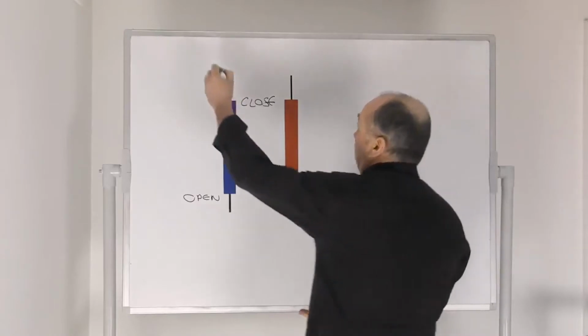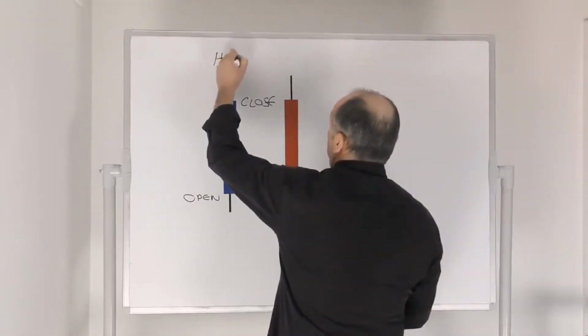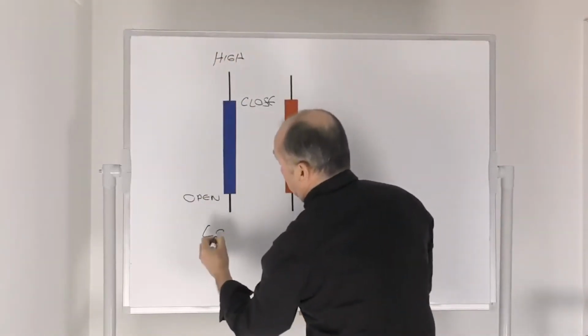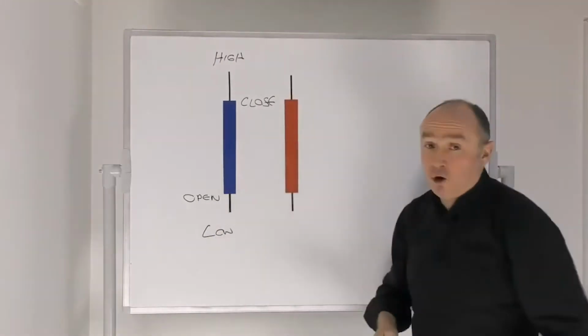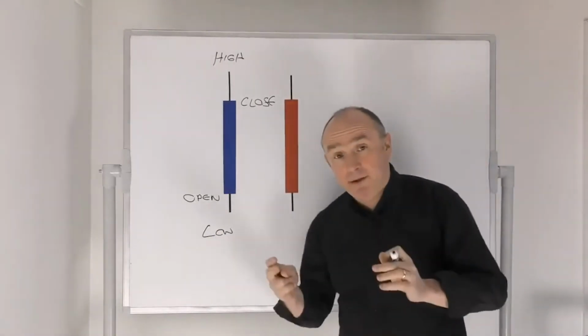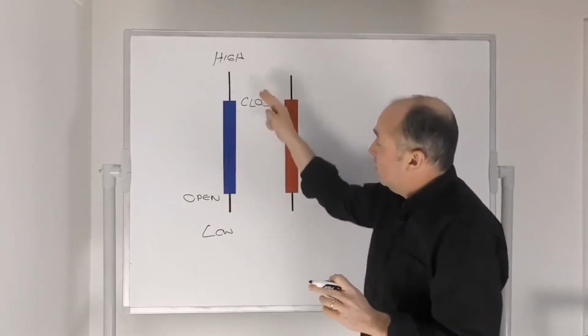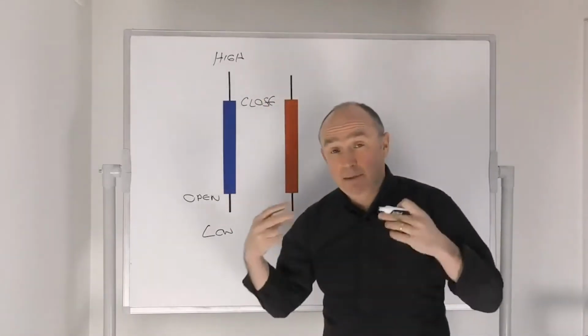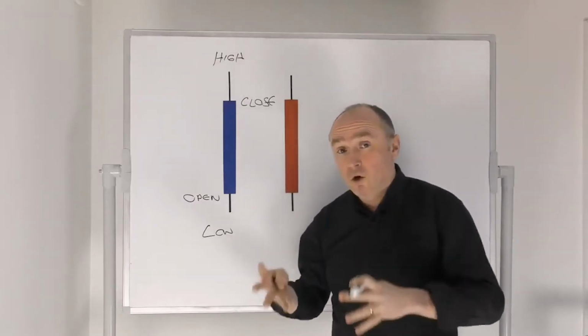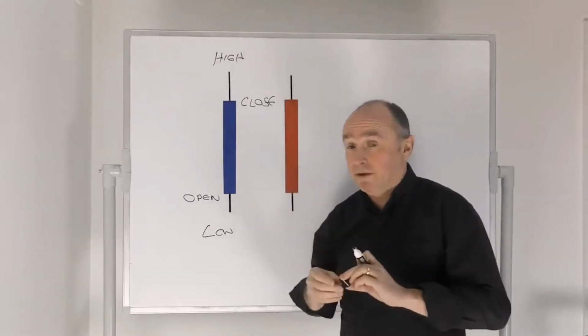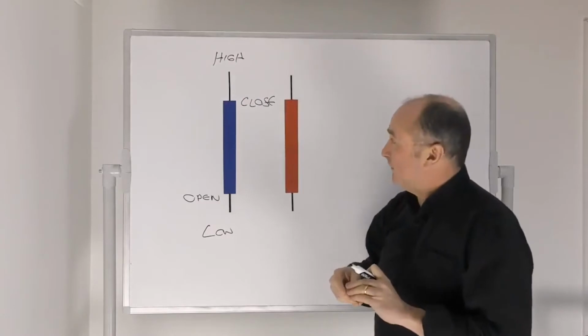You've also got the high up here. That's the highest that price traded in that particular time frame, and the low down here, the lowest price that traded in that particular time frame. So you see the high, the low, the open, the close, and the colour of the candlestick depicts whether it was a bullish candle or indeed a bearish candle. Five different bits of information from one candlestick.